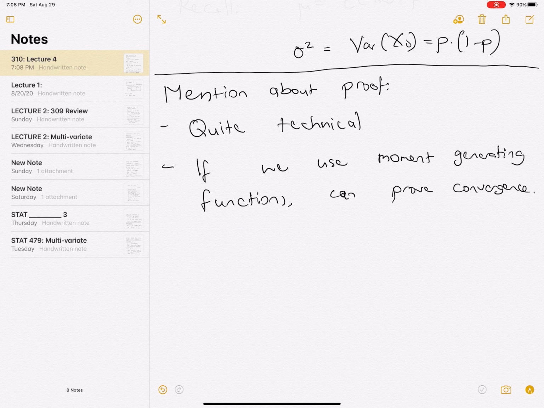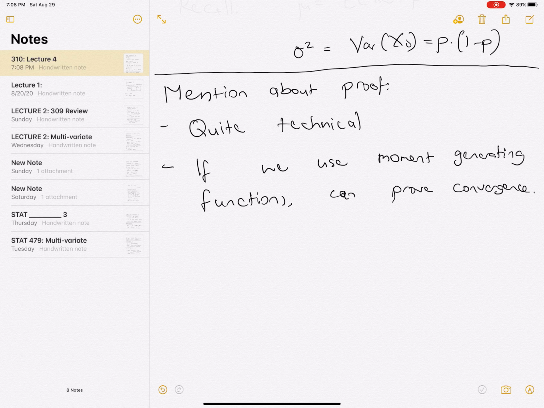If we use what's called moment generating functions for distributions, we can prove convergence. I'm not going to prove it, and I know that some of you may have covered moment generating functions, but some of you may not have. If that term doesn't mean anything to you, that's okay. I'm just talking about how you would prove the central limit theorem, and you can prove it using moment generating functions to show convergence in distribution.